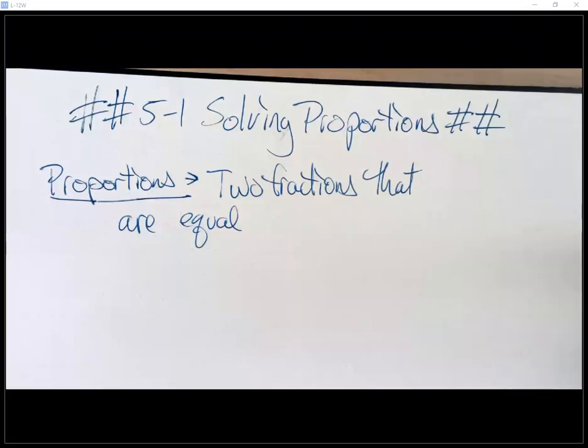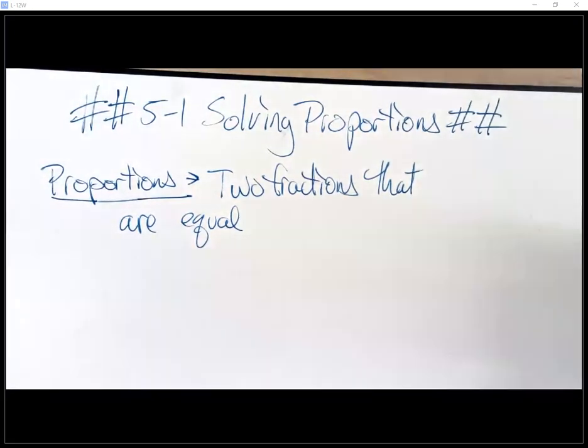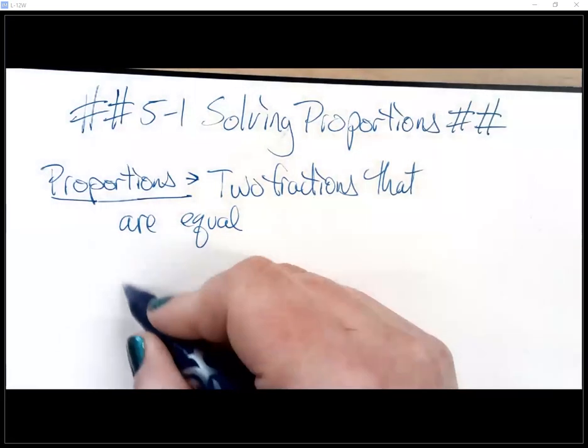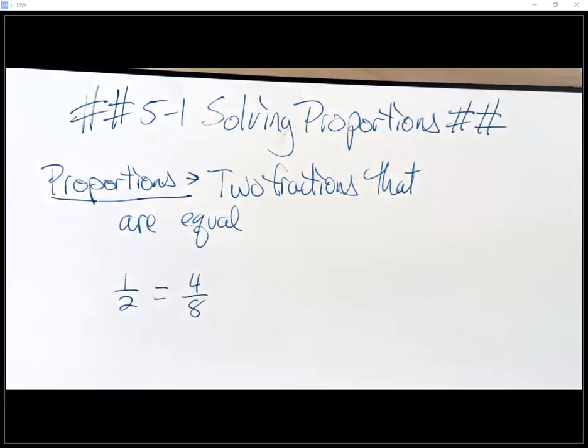All right, so let's talk about some properties of proportions. If I took two fractions that really are equal to each other, like 1/2 and 4/8, aren't those really equal to each other, right? 1/2 and 4/8, same thing. Just one is reduced and one's not. Are you aware that if you multiply the diagonals, look what happens?